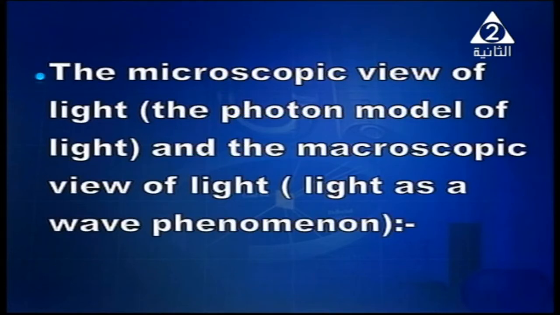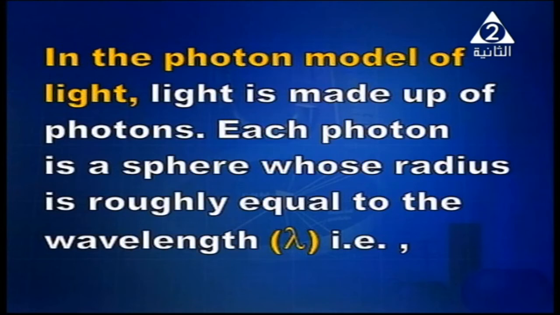Another property: the microscopic view of light, which we call the photon model of light, and the macroscopic view of light, light as a wave, go hand in hand. How? We'll explain this. In the photon model of light, light is made up of photons. Each photon is a sphere whose radius is roughly equal to the wavelength.